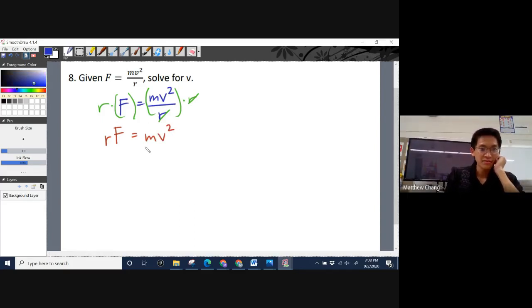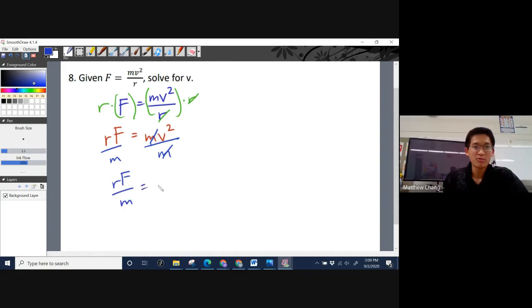Next, we still want to isolate v, so we're going to divide both sides by m. This cancels, and now we're left with r F divided by m equals v squared. Now, if you remember from earlier, the inverse operation of a square is taking a square root.